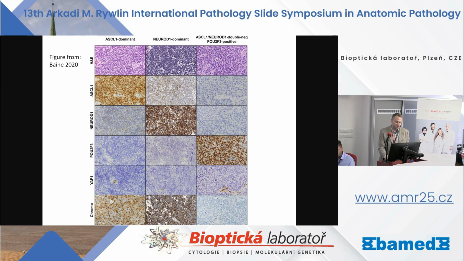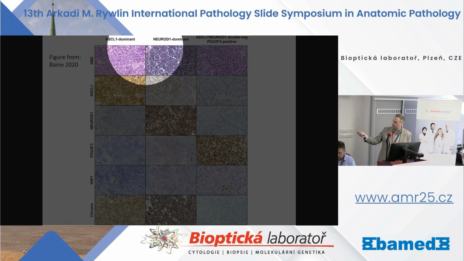Here's an interesting chart from the paper that tried to look at the immunophenotypic and morphologic differences between these tumor types. For ASCL1, they couldn't really find a reliable morphologic difference.